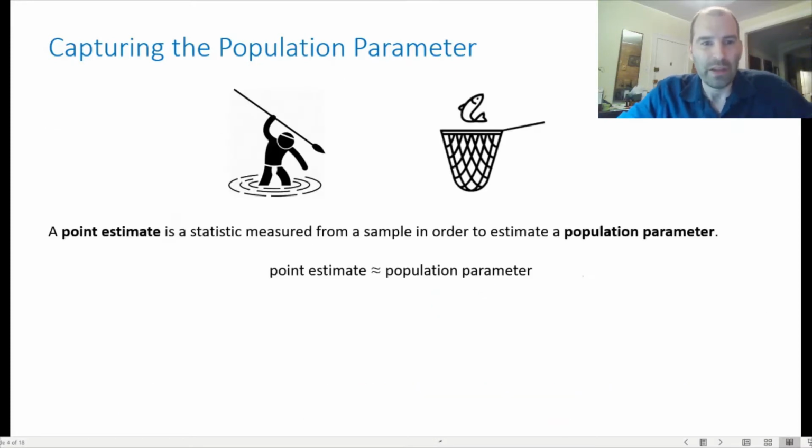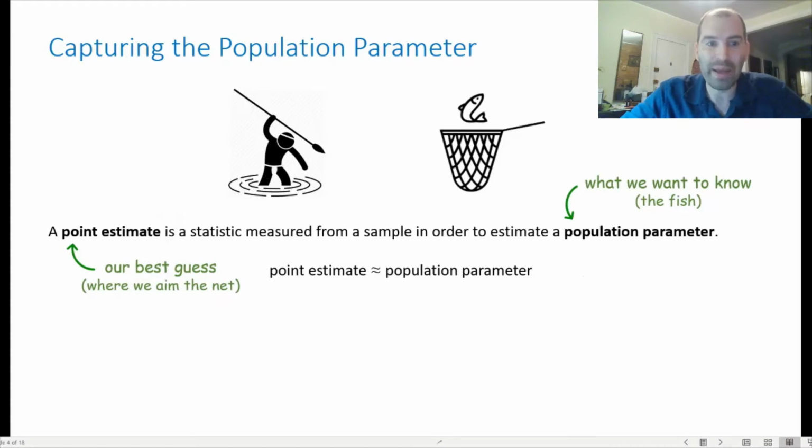All right, so what are we doing when we're trying to spear this fish or trying to estimate the population mean? We're trying to find that population parameter, and we're going to do it with a point estimate. The point estimate is where we aim the spear or where we aim the net. All right, it's that one guess that we're going to make. And we're hoping that that's approximately right, but we realize that it's probably not.